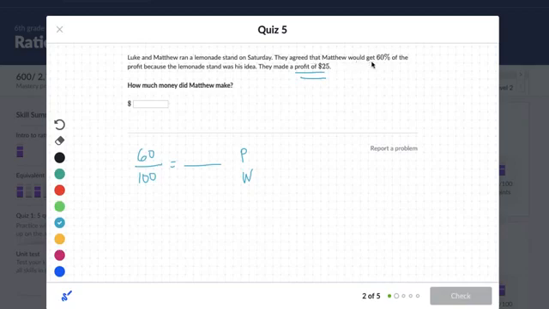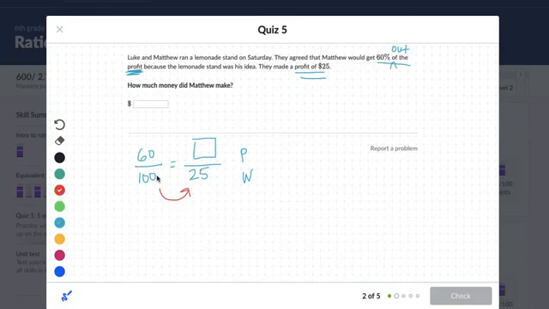They agreed that Matthew would get 60% of the profit. So it looks like it's 60% out of the profit. So the profit is the whole. And they made a profit of $25. So the 25 matches up with the 100, that's the whole. So we need to figure out what's the part that Matthew got, or that he deserved.